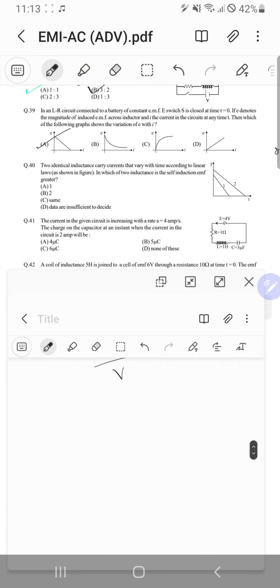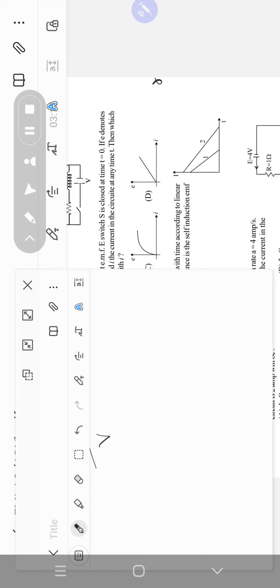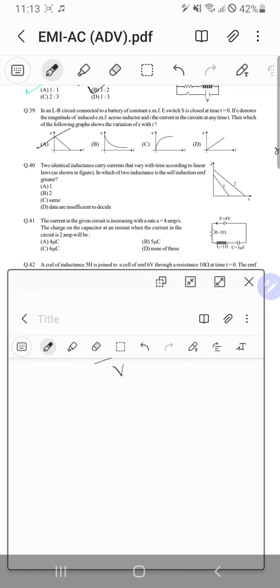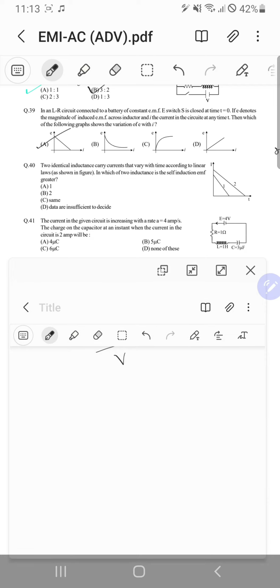Okay, two identical inductors carry currents that vary with time according to linear laws, as shown in the figure.